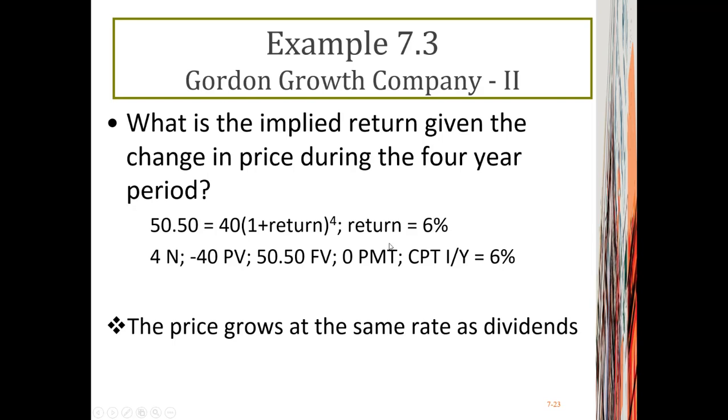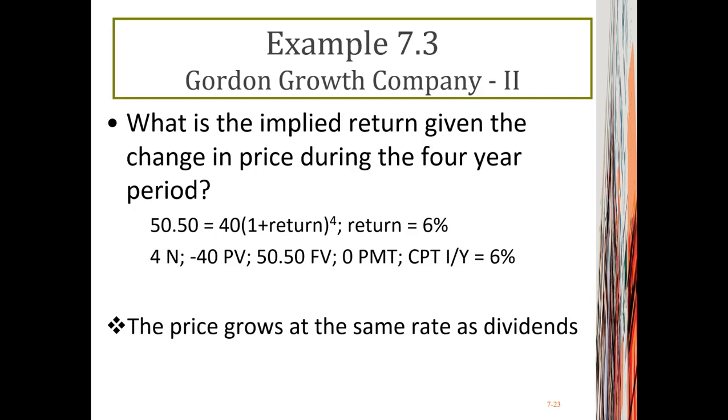I mean, Gordon growth model reveals a very strong relation between stock price and 3 factors: dividend, the growth rate, as well as the required rate of return. And in the previous case, we can do a little bit tricky work to see what we can get from estimating returns of the stock, right? And the current price for that stock was $40, and the stock price estimation in 4 years is $50.50.